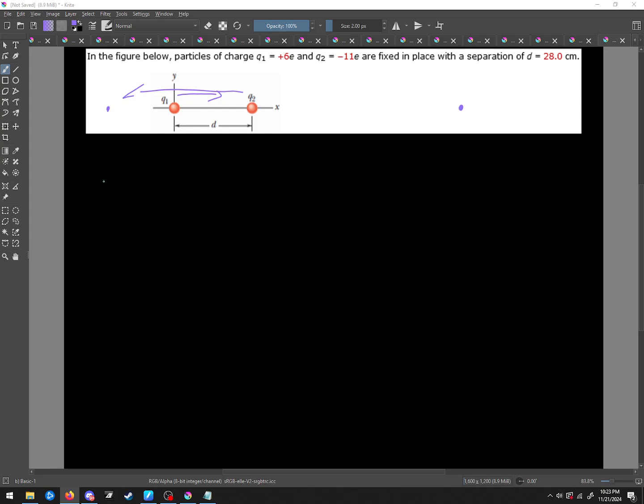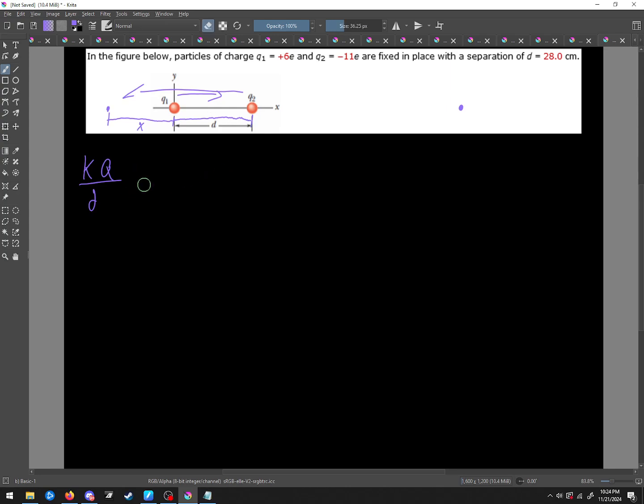So we're going to have the equation KQ over D, and there's going to be two of them. At this distance here we're going to have distance x, and at this distance here, the other one, we're going to have x plus d.